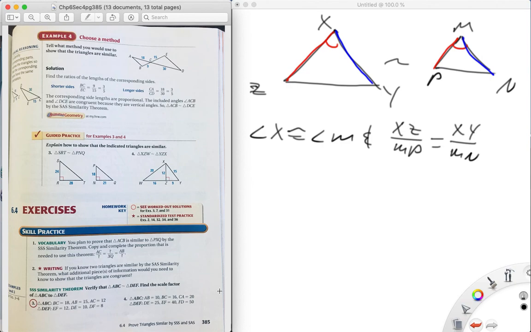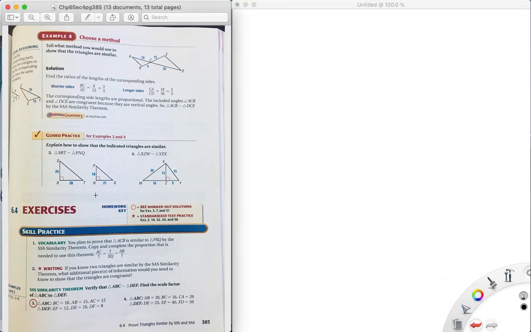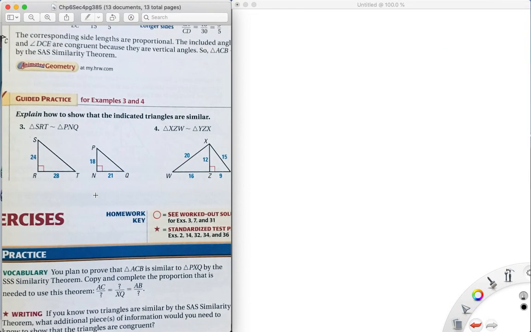Okie dokie. 3 and 5. Alright, explain how to show the indicated triangles are similar. Okay, so for this one, we have the 90 degrees.